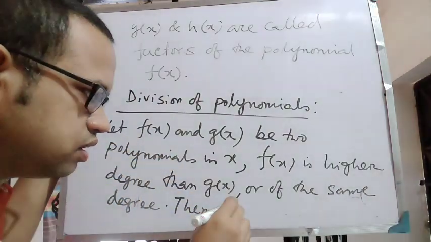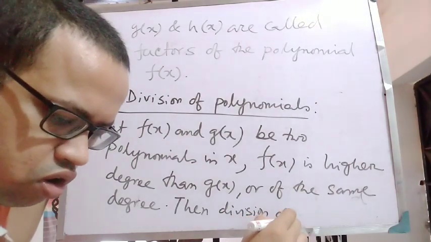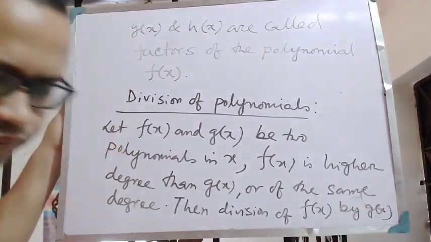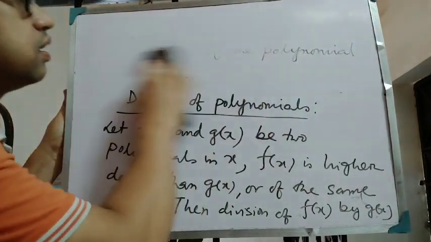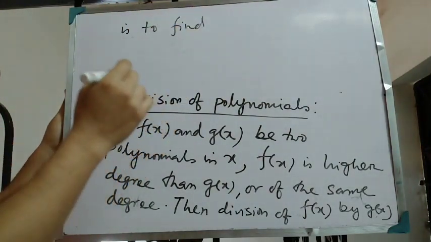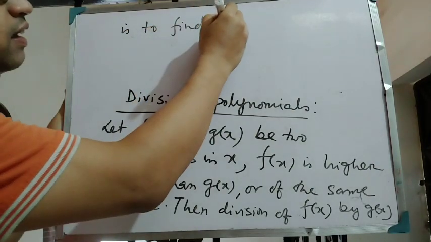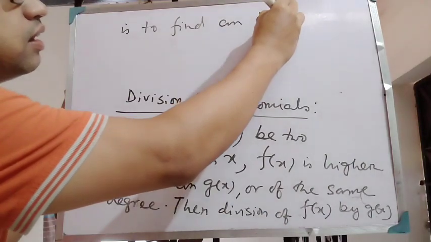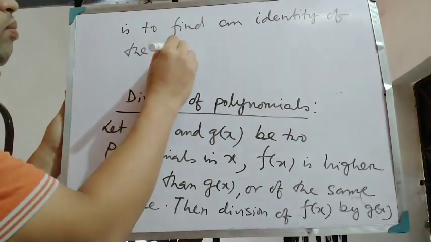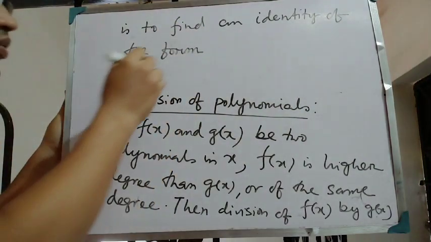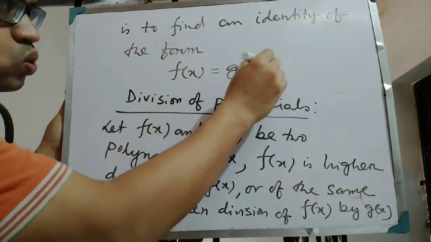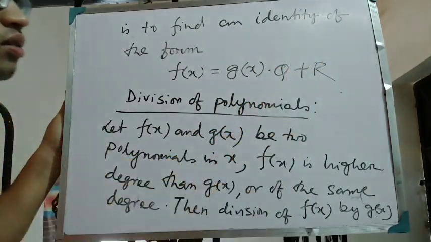Then division of f(x) by g(x) is to find the identity of the form f(x) equals g(x) into q plus r.